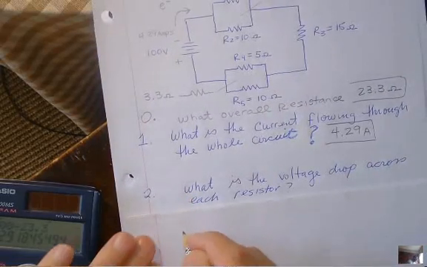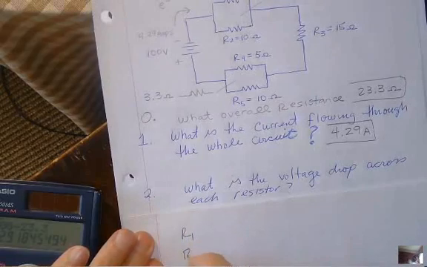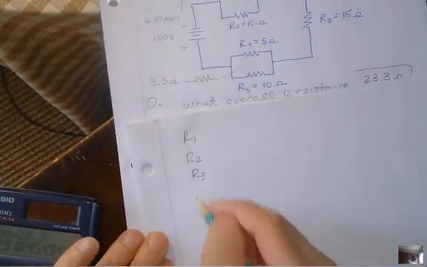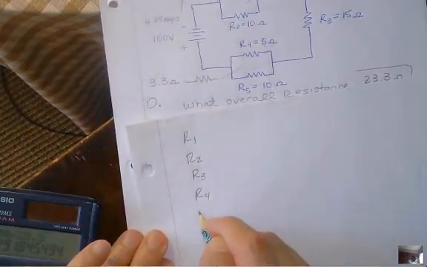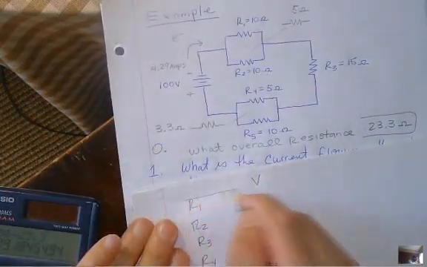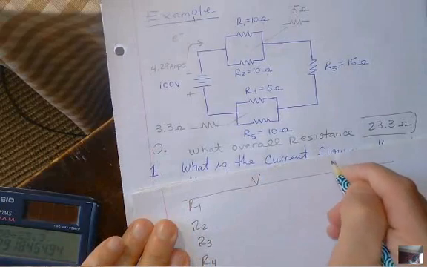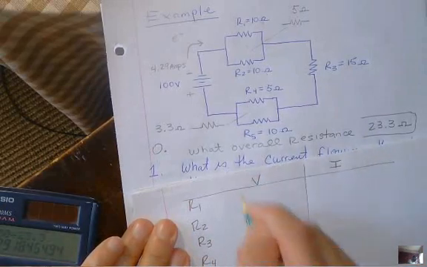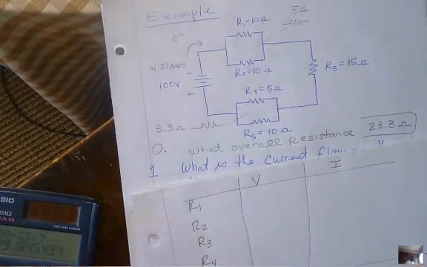So what I could do here is, here's R1, here's R2, here's R3, here's R4, here's R5. So we want to know the voltage across that resistor. What's the voltage going across it? And what's the current going through it? Okay. All right, so R1.